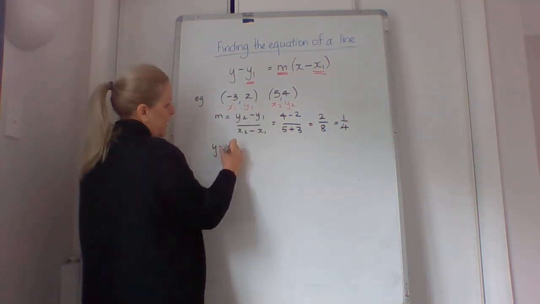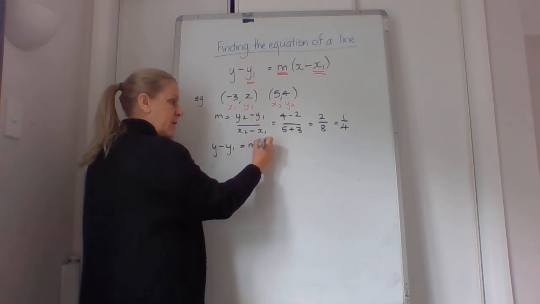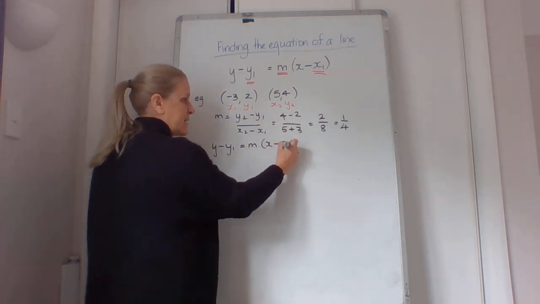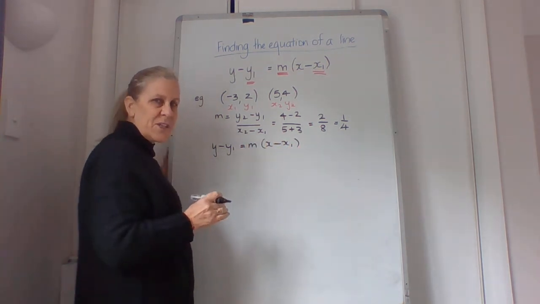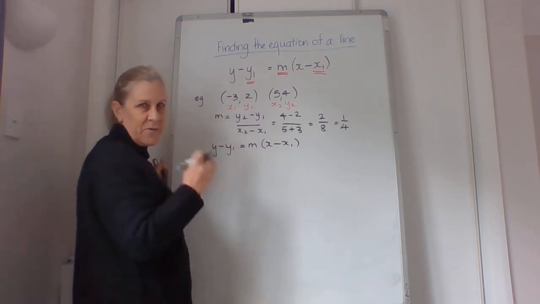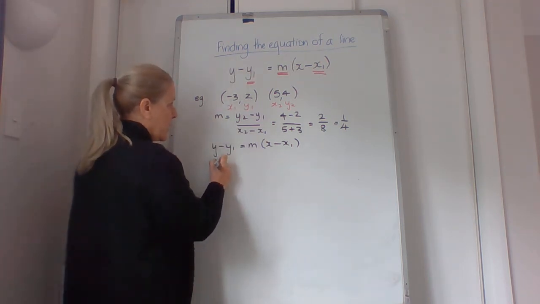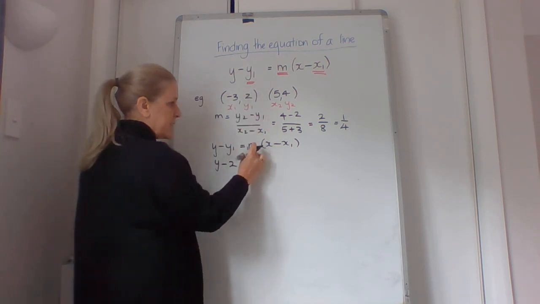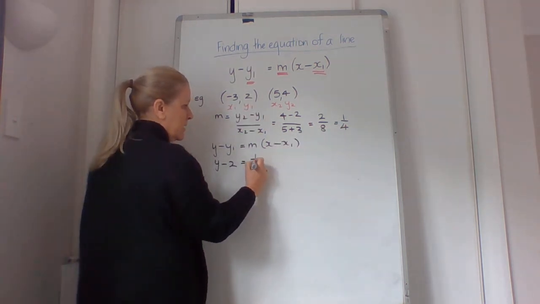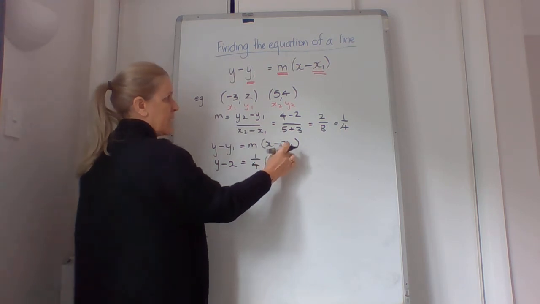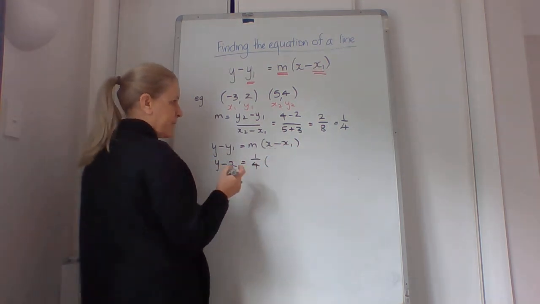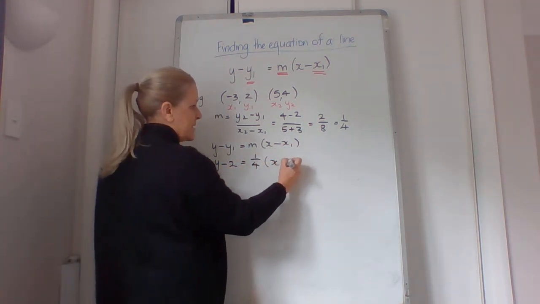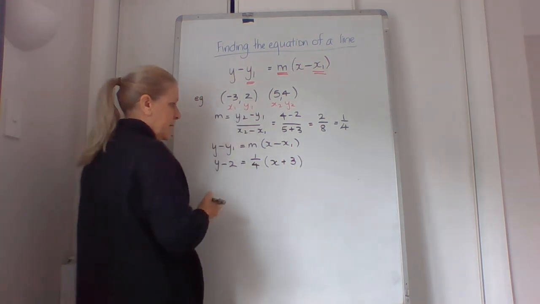Y minus y1 equals m, x minus x1. Write your formula every time because it makes sense to be able to fill it in as you go. Y minus 2 from here equals m, a quarter, x minus x1, x plus 3.